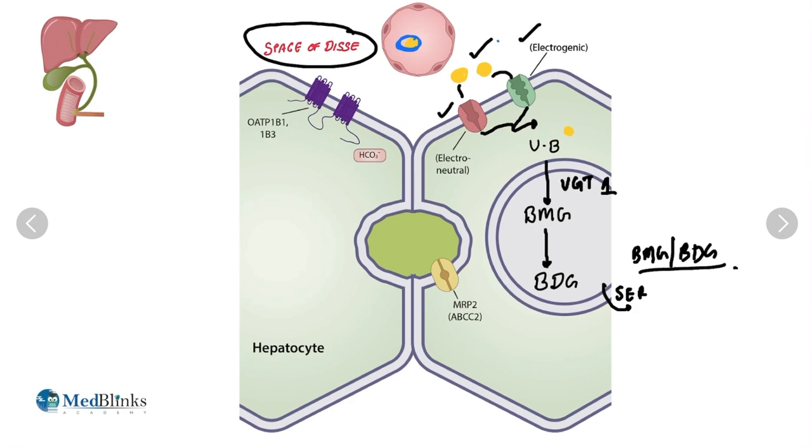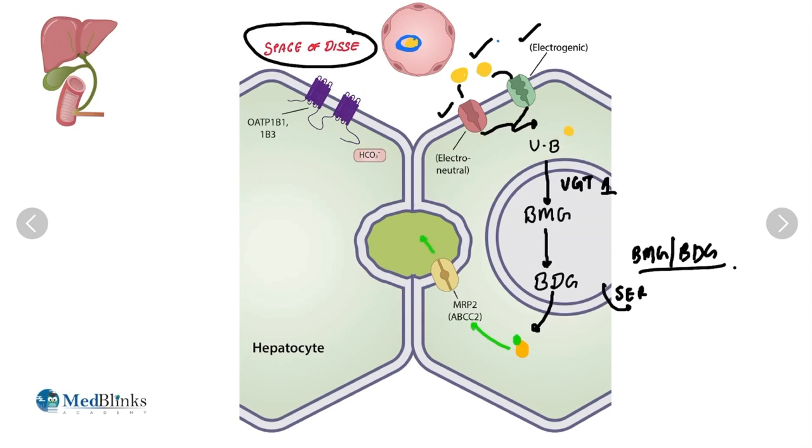Once conjugation is done, it comes out of the smooth endoplasmic reticulum again into the cytoplasm, and in the cytoplasm this conjugated bilirubin is now ready to be excreted into the biliary system.